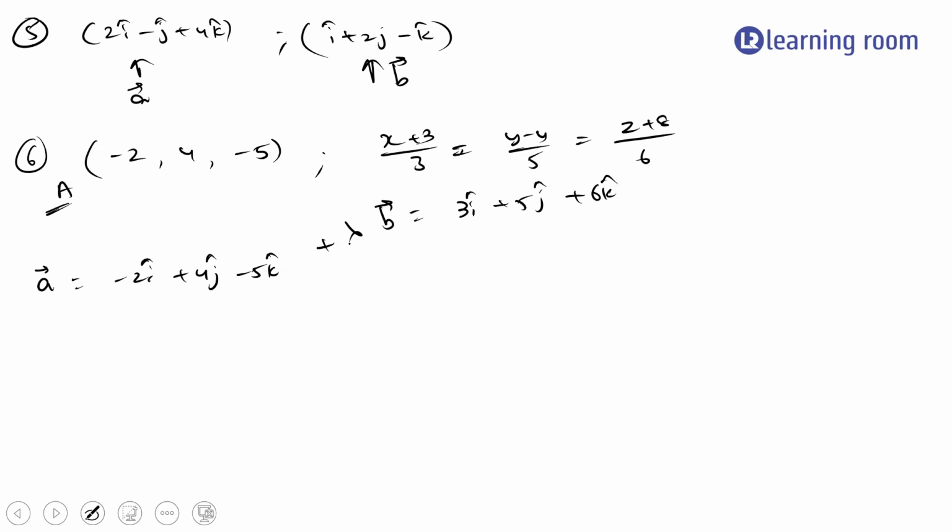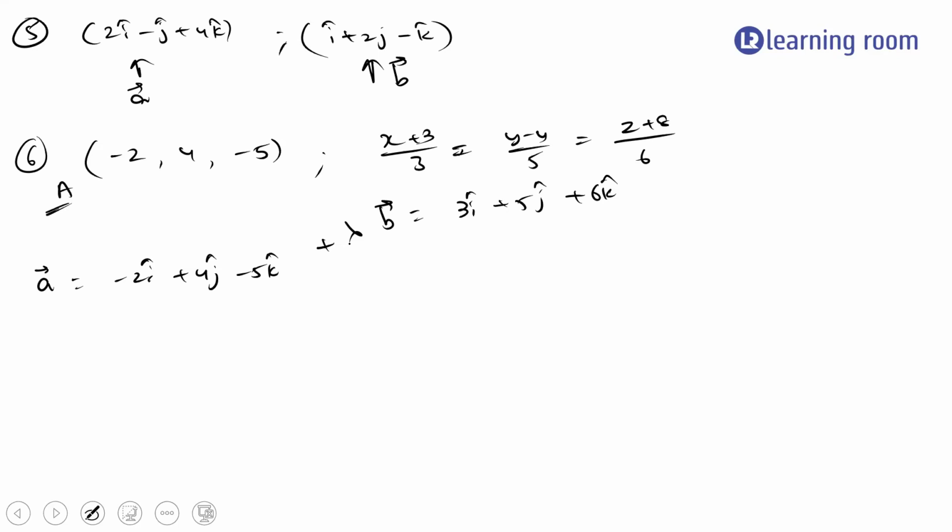Sir, why can't A be -3i cap + 4j cap - 8k cap? Because what is in the numerator is a point through which the other line is passing. Yes, sir, the point should be the A vector.